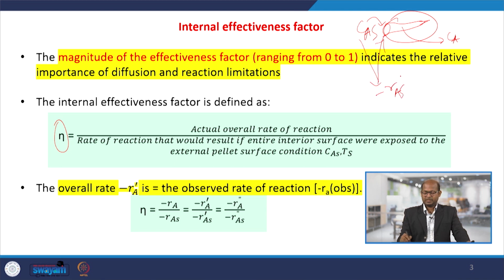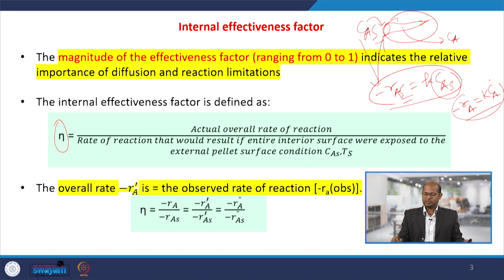Let us express minus RAS, the rate of reaction at the surface concentration. We usually express the rate as minus RA equals K into Cas. If the concentration is Ca inside, then minus RA would be K into Ca.